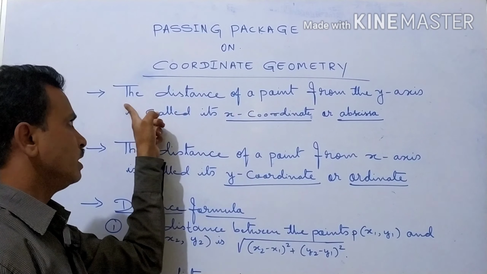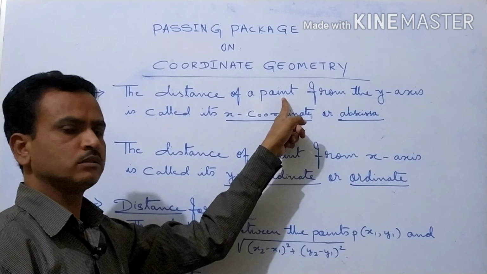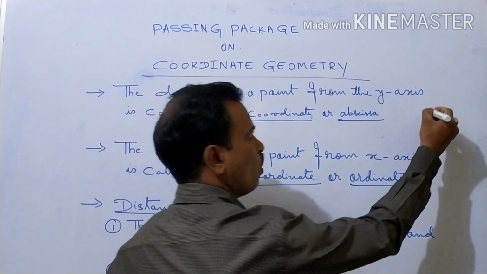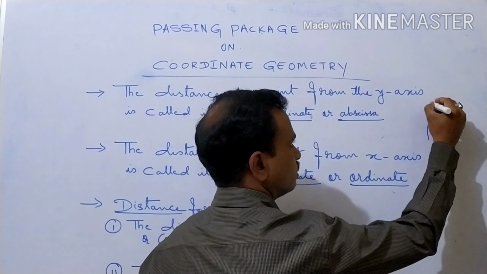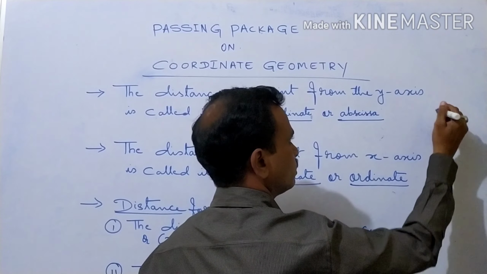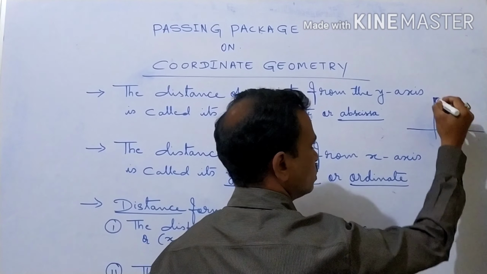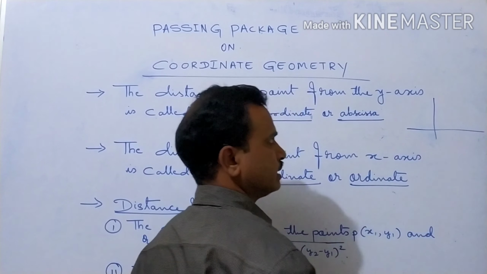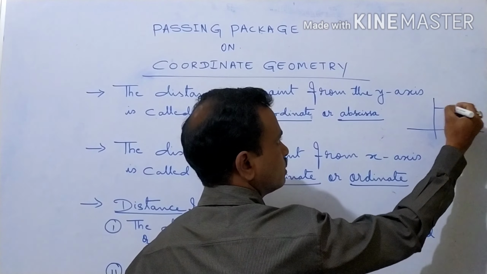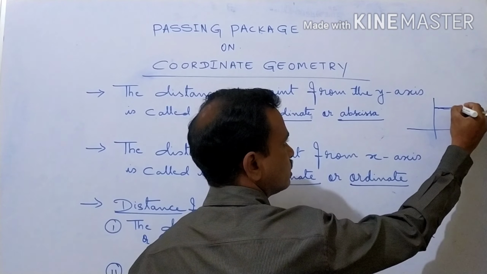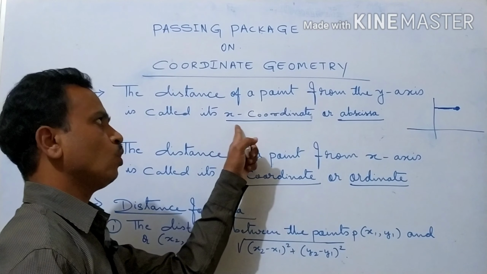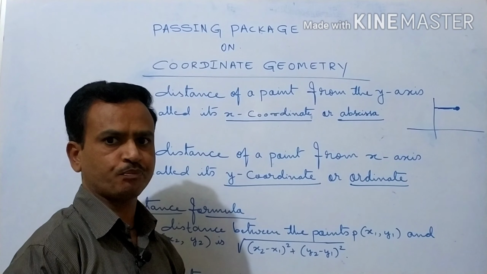Here this one is the y-axis. You draw a vertical line, this is the y-axis, and this one is the x-axis. Here is one point, and the distance of a point from the y-axis is said to be the x coordinate or abscissa.